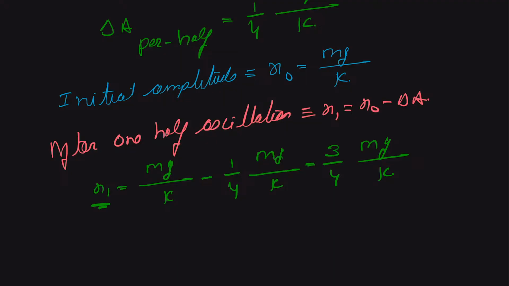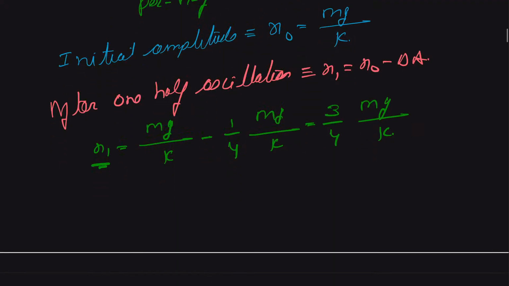And let's try to find out what happens to the motion when the equation is being satisfied. And for that we know that at turning point velocity is equal to 0.